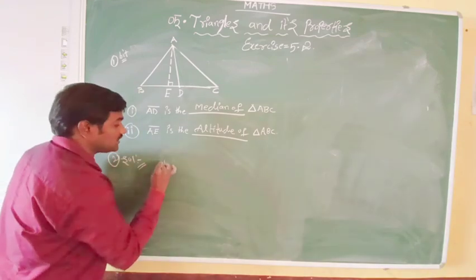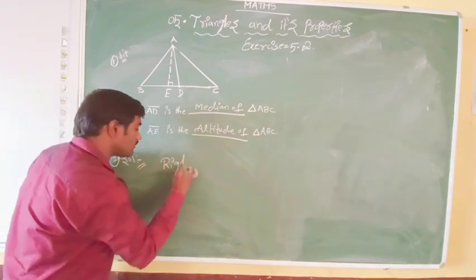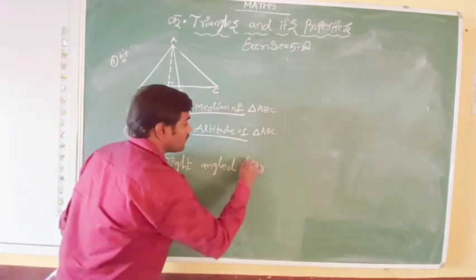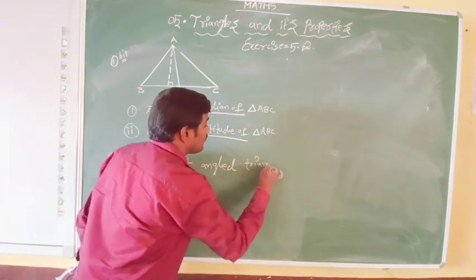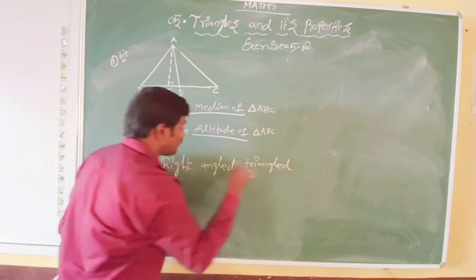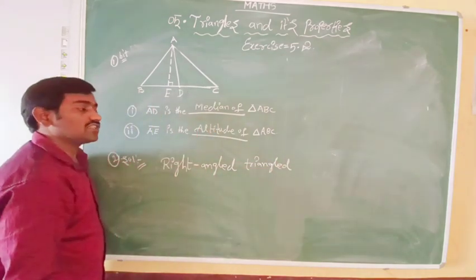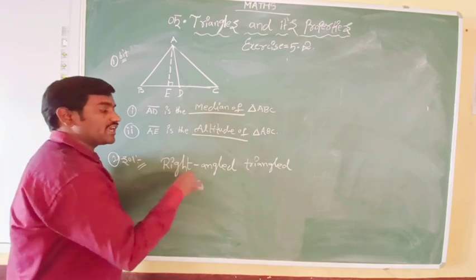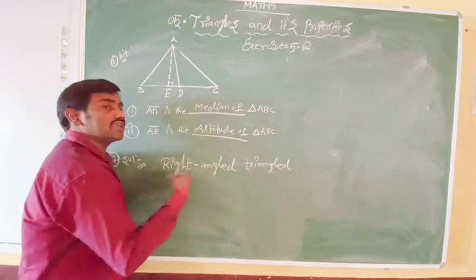So the triangle is a right angled triangle. You know, based on angles, there are three types of triangle: acute angled triangle, right angled triangle, and obtuse angled triangle.